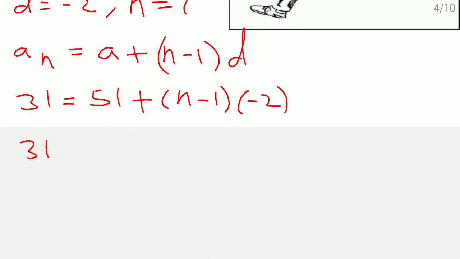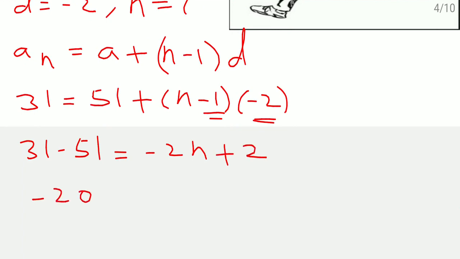So here 31 minus 51 equals n into minus 2, which is minus 2n, and minus 1 into minus 2, this one into this one, which comes as plus 2. This is minus 20. This minus 2 I will write here, which is equal to minus 2n. So it is minus 22, which is equal to minus 2n.